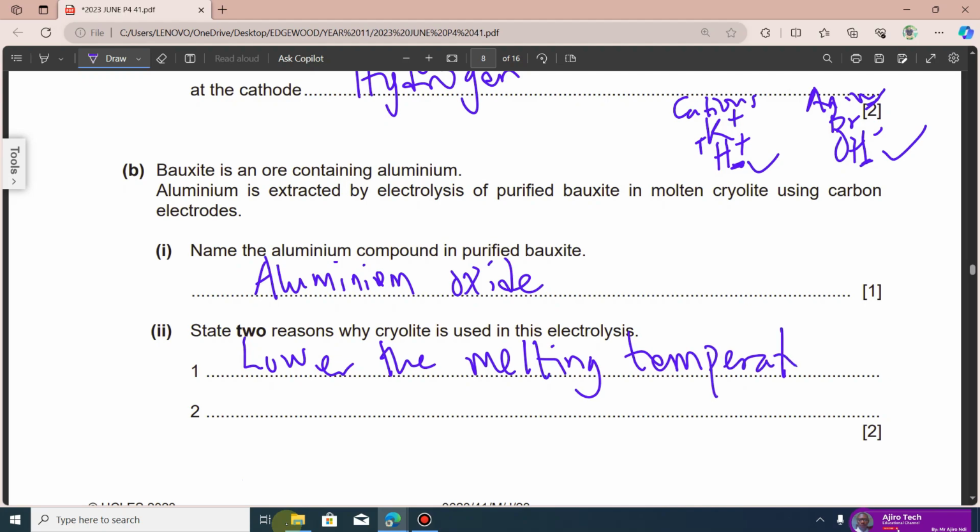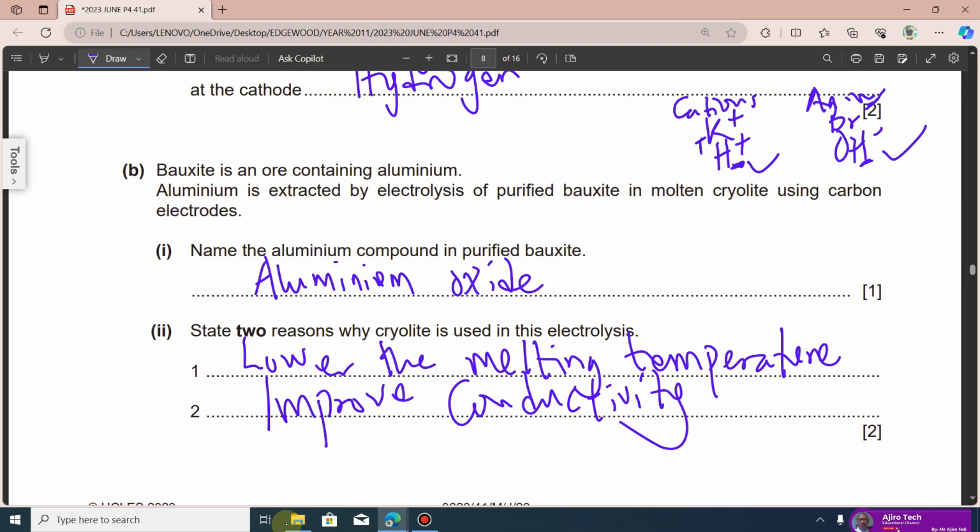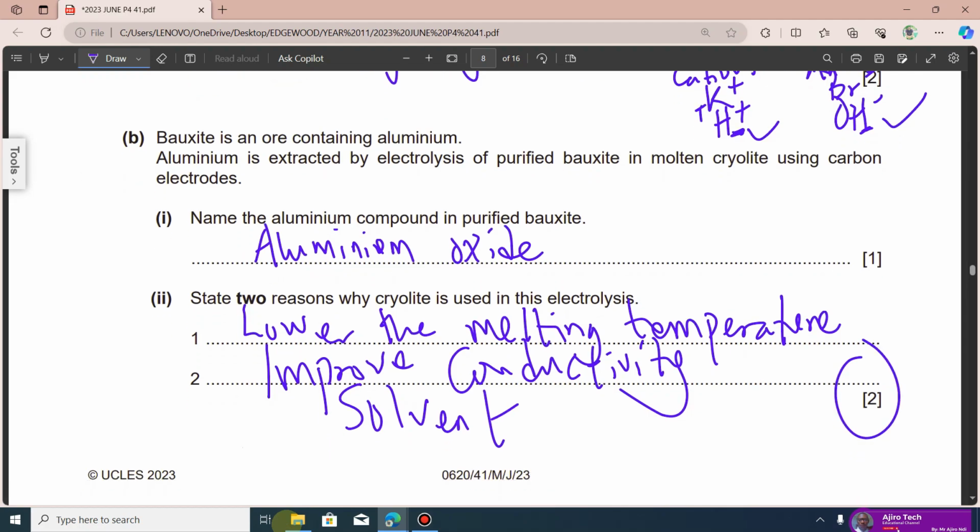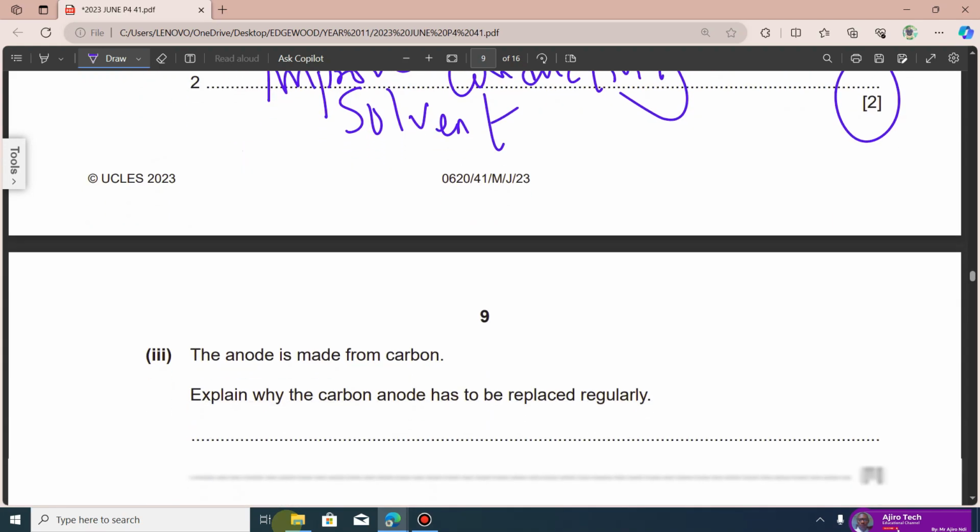So to lower the melting temperature. And then secondly is to improve conductivity. Another point is it's also acting as a solvent, so that could also be included, but this is just 2 marks, so 2 points. Either of the two would get you marks.